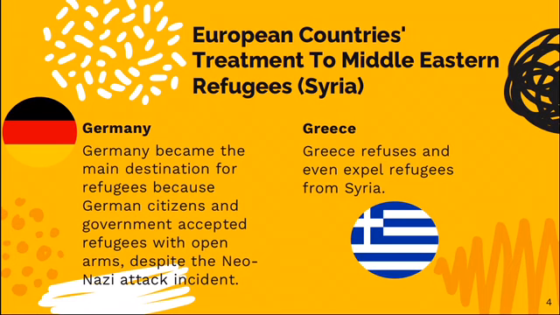Second, the economic crisis that has plagued Greece since 2008. The crisis is also a reason for Greece to reject Syrian refugees. Third, Greece considers Syrian refugees to mostly have infectious diseases that could harm the Greek population itself.